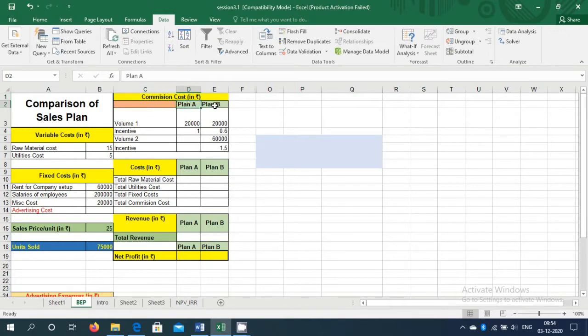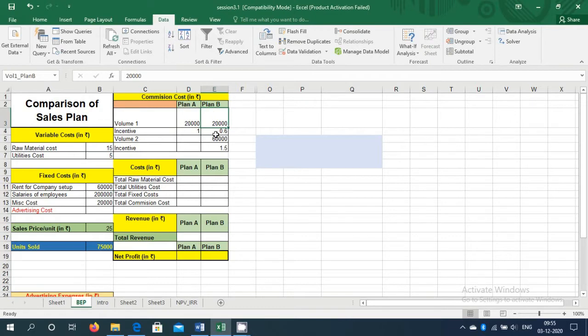We have two plans in that one. In plan A, if the volume is more than 20,000, then the incentive would be 1 rupee. As for plan B, till 20,000 units there is no commission cost.